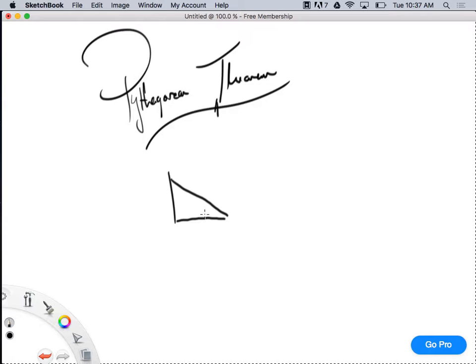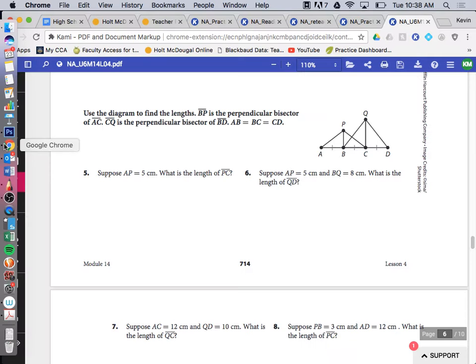I'll try my best. This is a right triangle, we'll say. This is A, this is B, and this is C. C is the hypotenuse. How do you know which one is the hypotenuse? Yeah, it's like if the right angle was an arrow, it would point to the hypotenuse. So we know A squared plus B squared equals C squared. Okay, that's the Pythagorean theorem. You guys should be familiar with that.